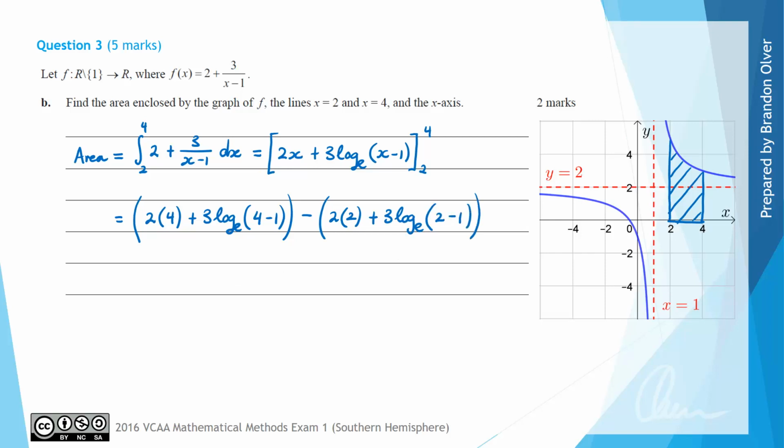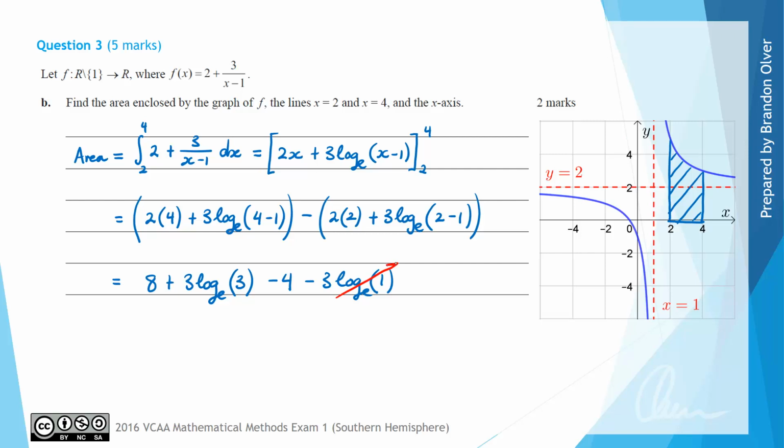And now we just need to simplify this, so this is going to equal 2 times 4 is 8, plus 3 log e, and 4 subtract 1 is 3. And then over here we're going to have subtract 4 and subtract 3 log e of 2 subtract 1, which is 1.